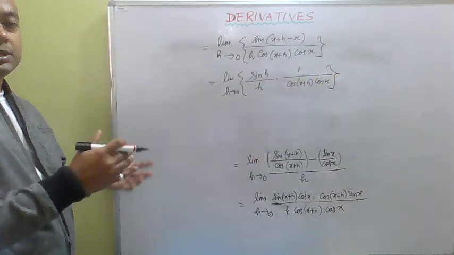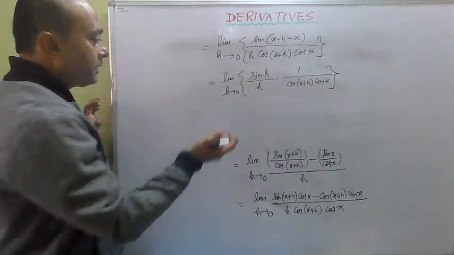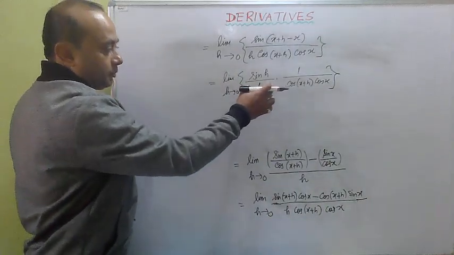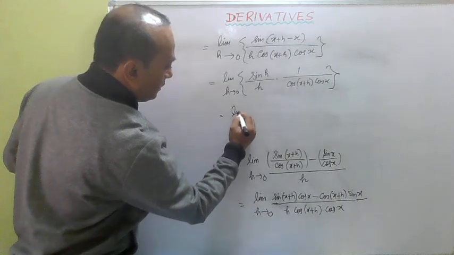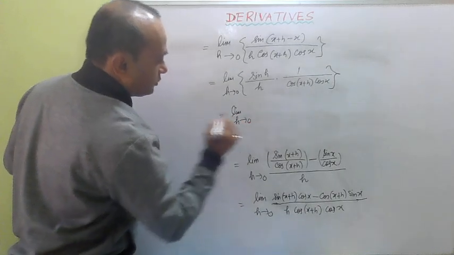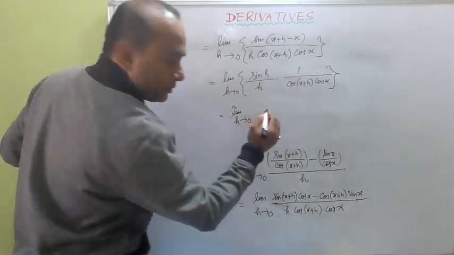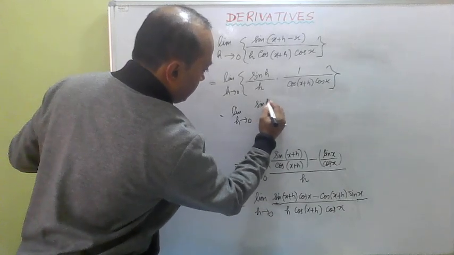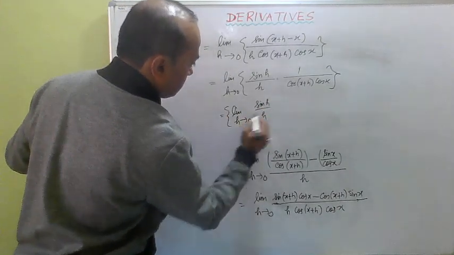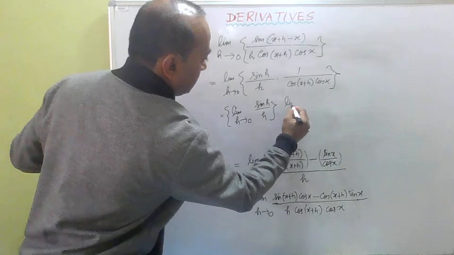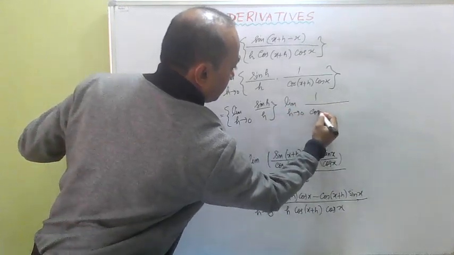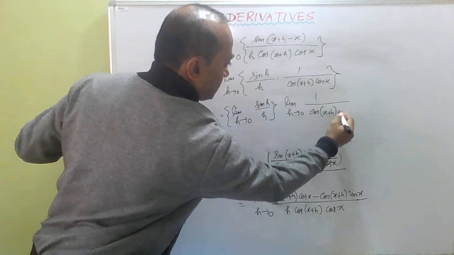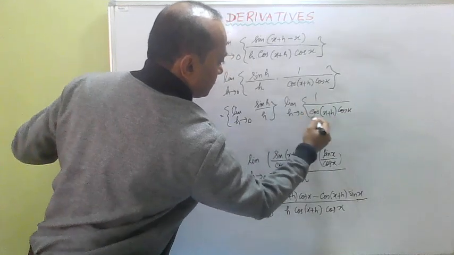So I have separated the functions. Now again I can apply limit of product is equal to product of the limits. So this I can write down, limit of h tends to 0, sin h upon h, limit of h tends to 0, 1 by cos of (x plus h) into cos x.